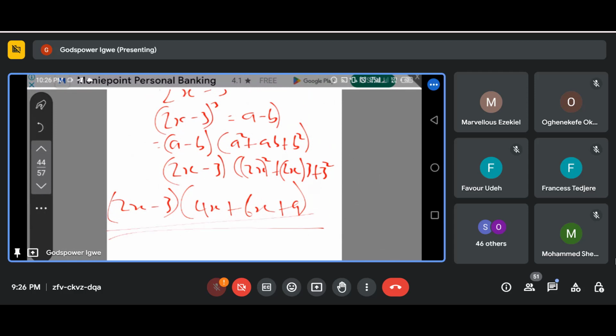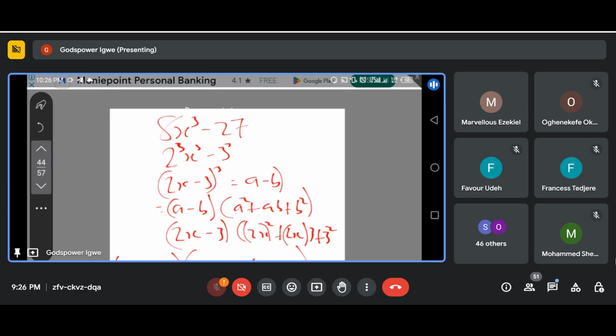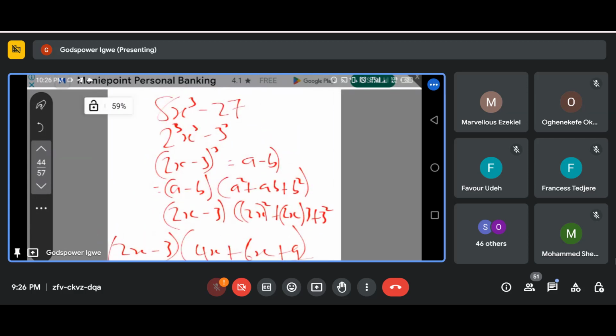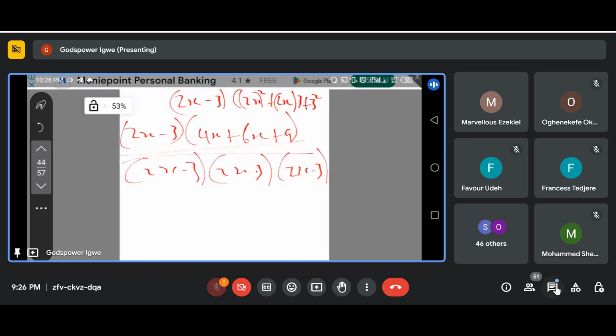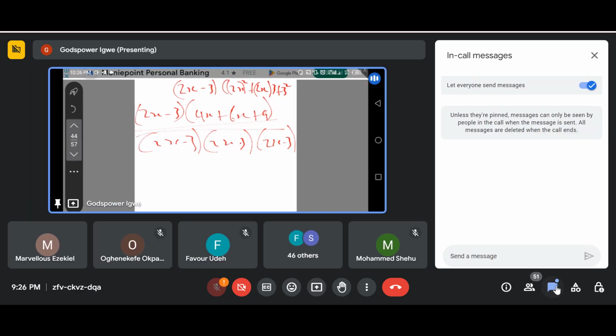I hope you understand. You can memorize this fine. If you cannot memorize, do the normal: this times this times this. You understand what I mean? The normal one will be 2x minus 3 multiplied by 2x minus 3 multiplied by 2x minus 3. If you open this bracket the same way, it will give you this particular answer.